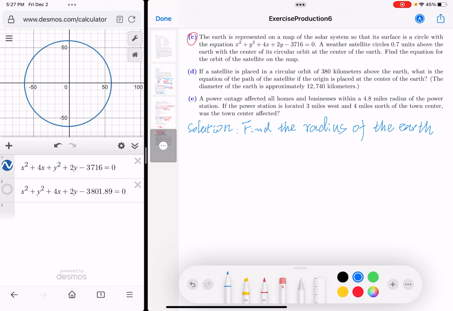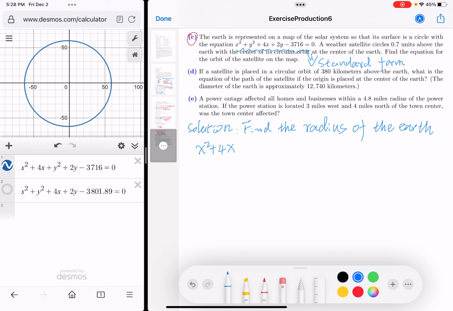How do you find it? Here is the form, and we want to change this form to standard form. From standard form, then we can find out the radius of the Earth. In order to find the standard form, we need to have a complete square.